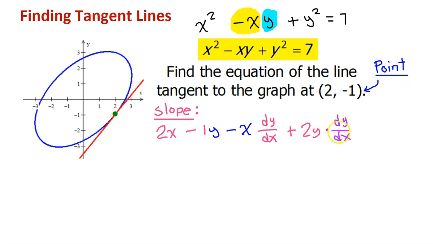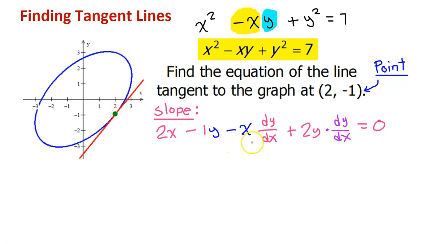So this is what I mean. The most common mistake is for students to forget to multiply by dy/dx. That's why I just want you to get into the habit of doing the chain rule on every term so you won't forget. And the derivative of a constant is just 0. So all of this is equal to 0.